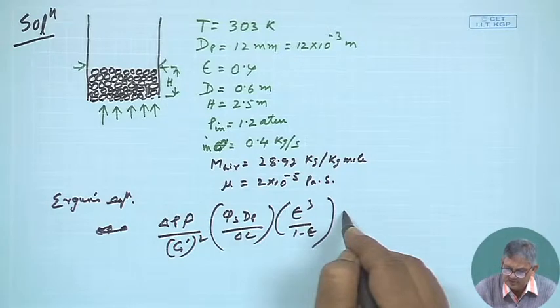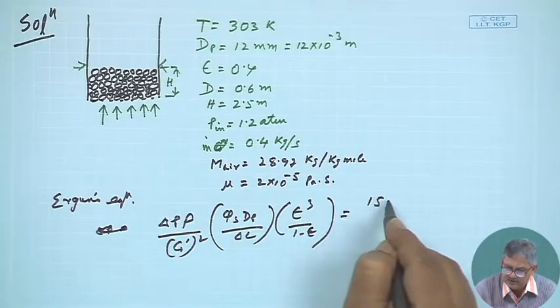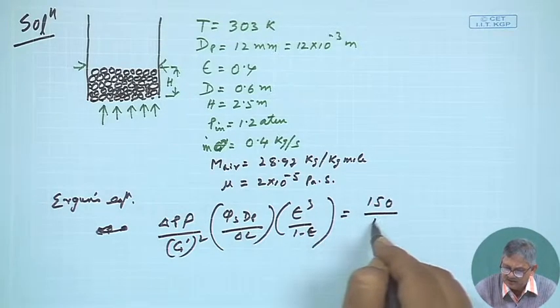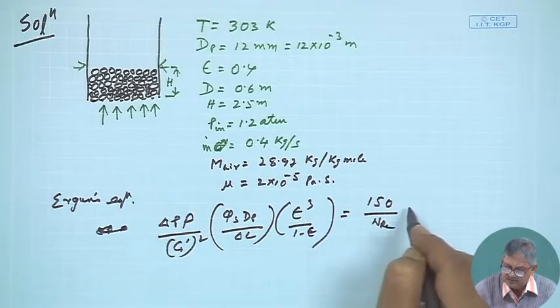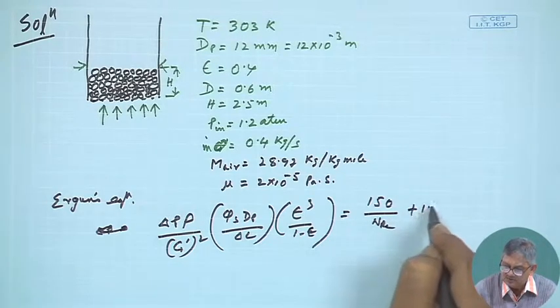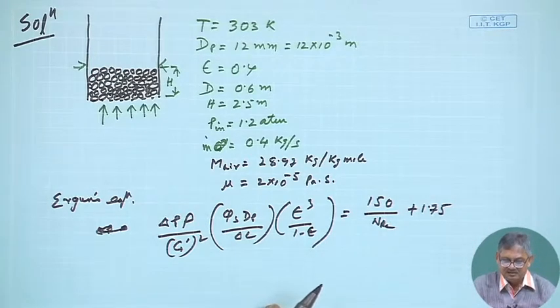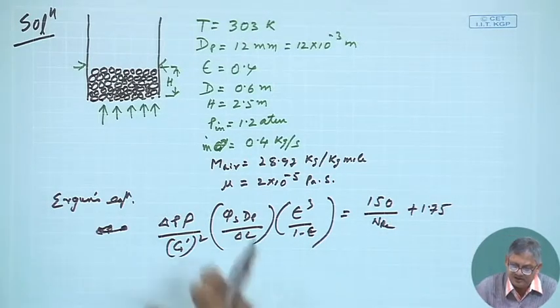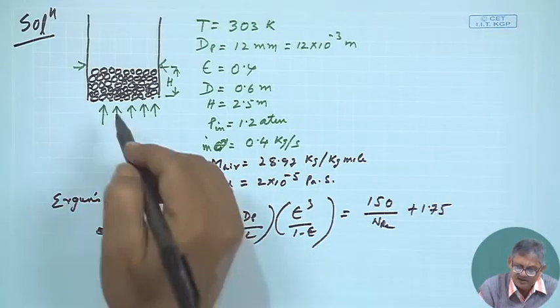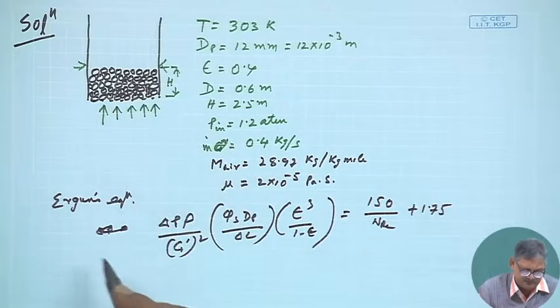This was equal to 150 over NRE plus 1.75, right. So first let us find out the sectional area through which it is flowing.